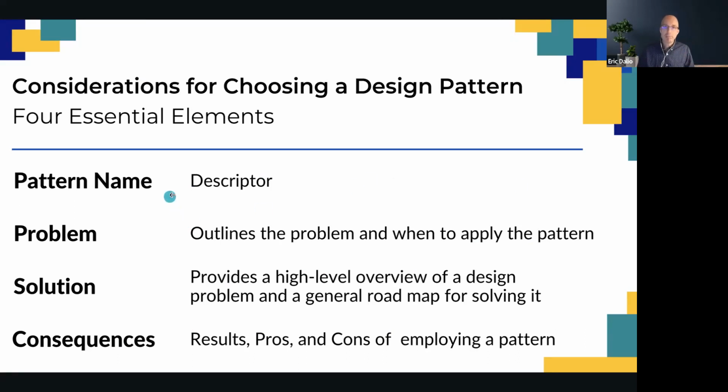A pattern name, which is a description of some sort, like we already saw, adapter pattern, abstract factory, right? A problem. The problem outlines when to apply the pattern, when it might be helpful. The solution. This provides a high-level overview of a design problem and a general roadmap for solving it.